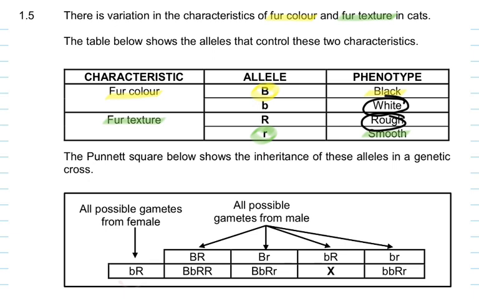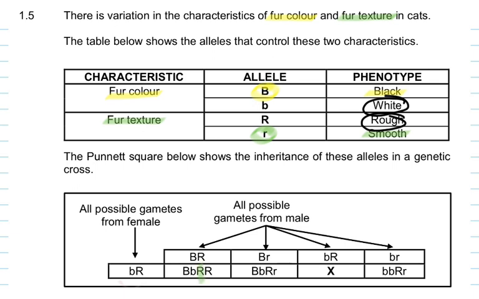And we're going to have a look and see, okay, do they all have capital B's in common? Okay, and the answer is no, because that one over there doesn't have capital B's. So it's not going to be a black fur. It's not even going to be white fur. So let's have a look at fur texture. Are all of them going to have the rough fur in common?